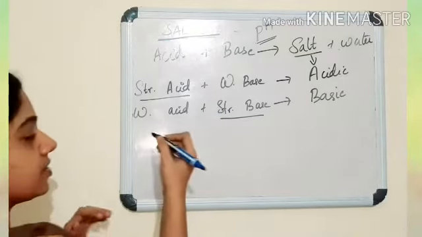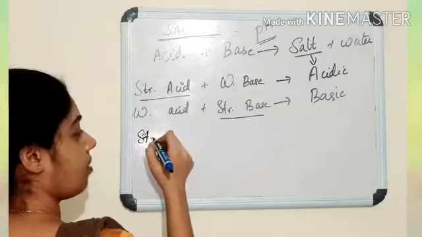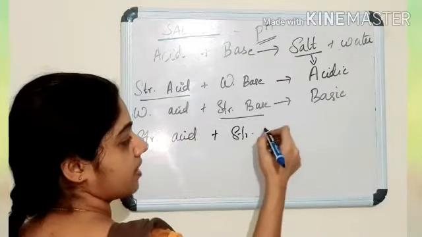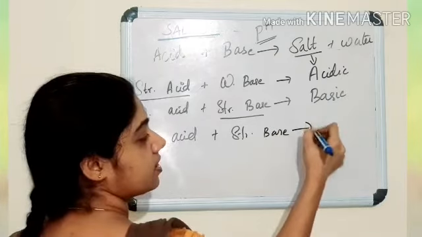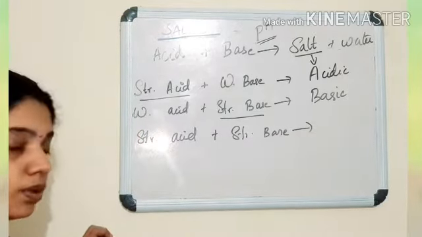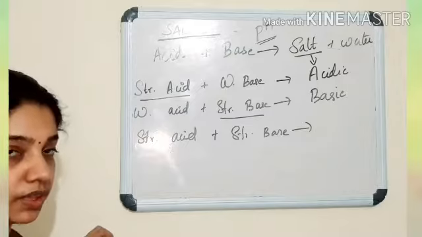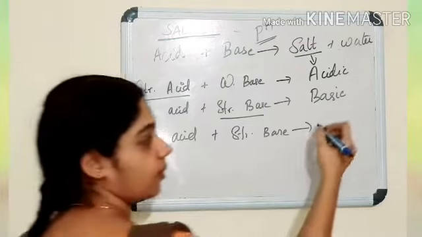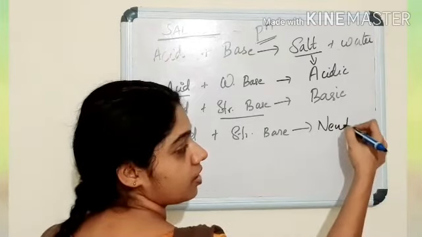Okay, then we can just take both as the strong one, strong acid and strong base. If the salt is produced from a strong acid and a strong base, both of them are strong, that means the salt which is produced over here will be neutral.